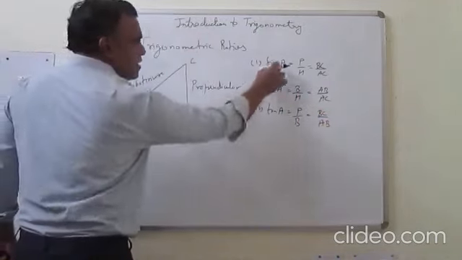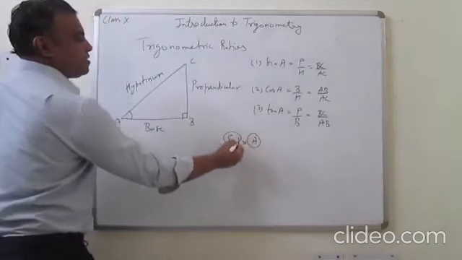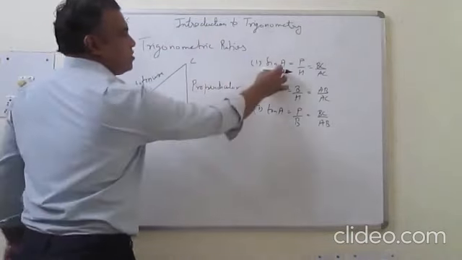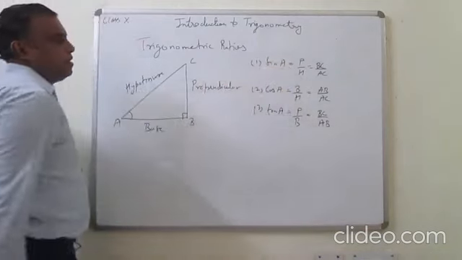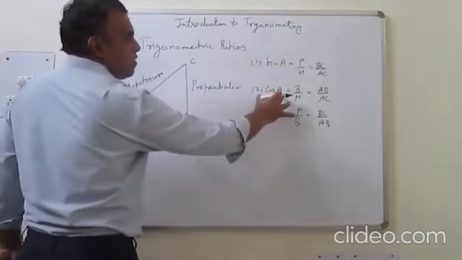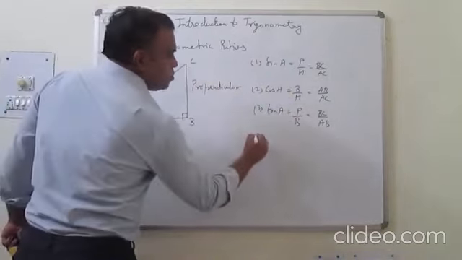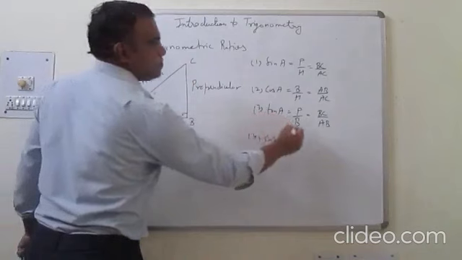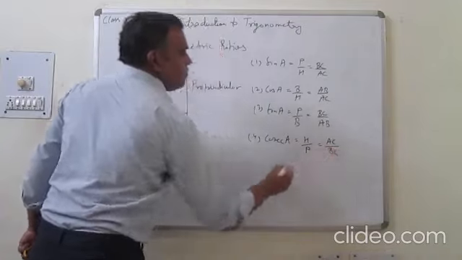You don't write sin A into A. Don't, product of sine with angle is not applicable. The meaning of angle A is with sine. Here we have to find the value of sin A, cos A, tan A. Now reciprocal of sin A is called cosec A. Reciprocal of cos A is called sec A, and reciprocal of tan is cot A. So cosec A is equal to H upon P, means AC upon BC.